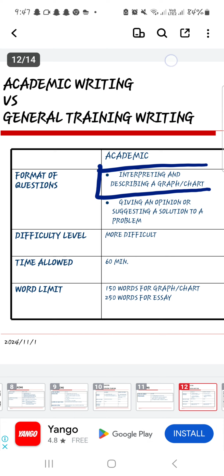So you have to read the question statement and identify which type of question this is, which type of essay this is, and write according to that structure. There are different structures for these essays, so you have to write them according to the type of the essay. Okay, all right. Any confusion with writing?